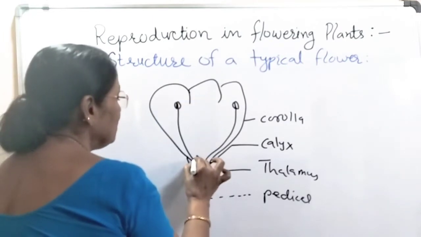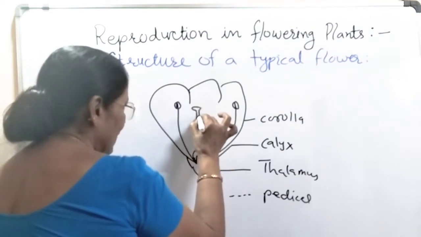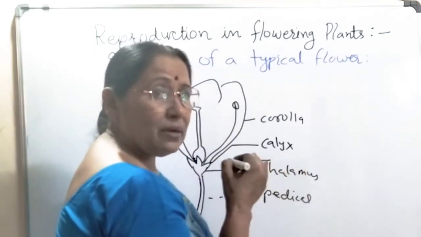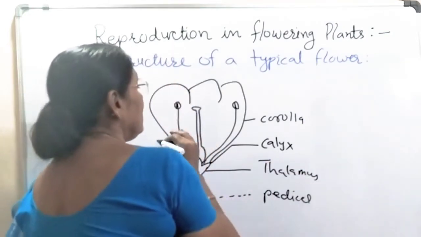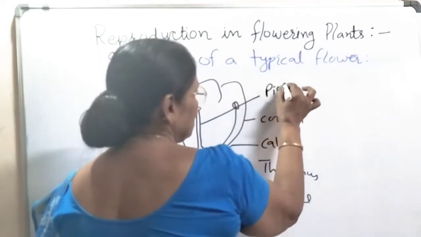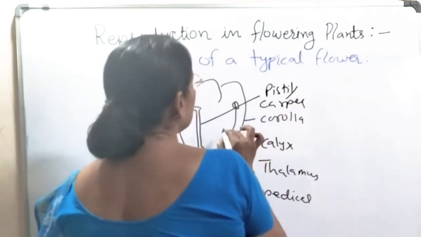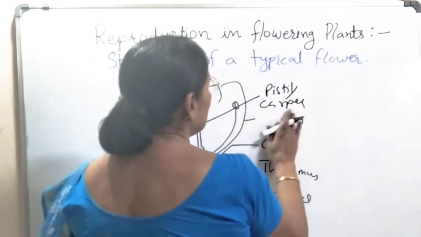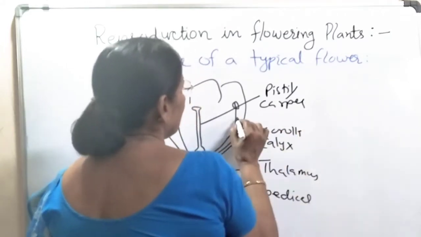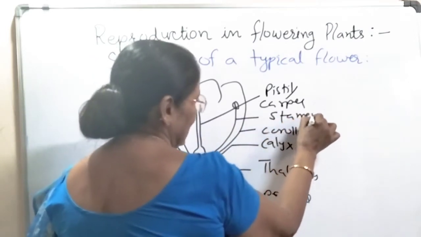Then the innermost is the female part, that is gynoecium. It again may contain one or many pistils. So this is the pistil. You also call it carpel. This one, ma'am forgot to label, it is stamen, the male part.